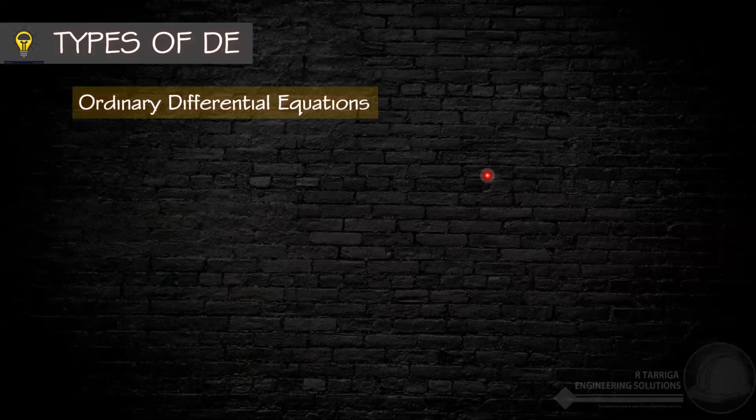For the engineering curriculum, we are bound to study ordinary differential equations. Some schools also tackle the second type, which is the partial differential equations. But within this video, we'll be discussing only ordinary differential equations for you to be familiar with, and it can help you in your studies along the way in your journey.